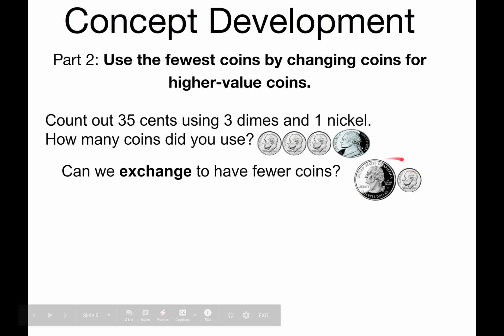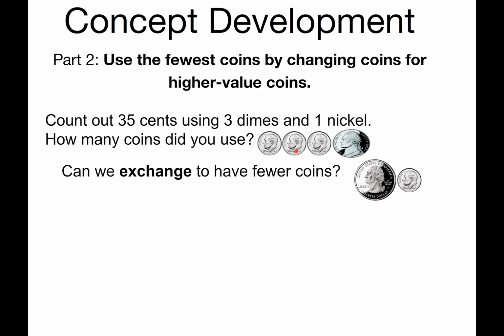So that's the same value as 3 dimes and 1 nickel. These equal 35 cents and these equal 35 cents. But we have fewer coins with a quarter and a dime because we used a higher value coin. We exchanged our 4 coins for 1 quarter and 1 dime because we know that a quarter is 25 cents.